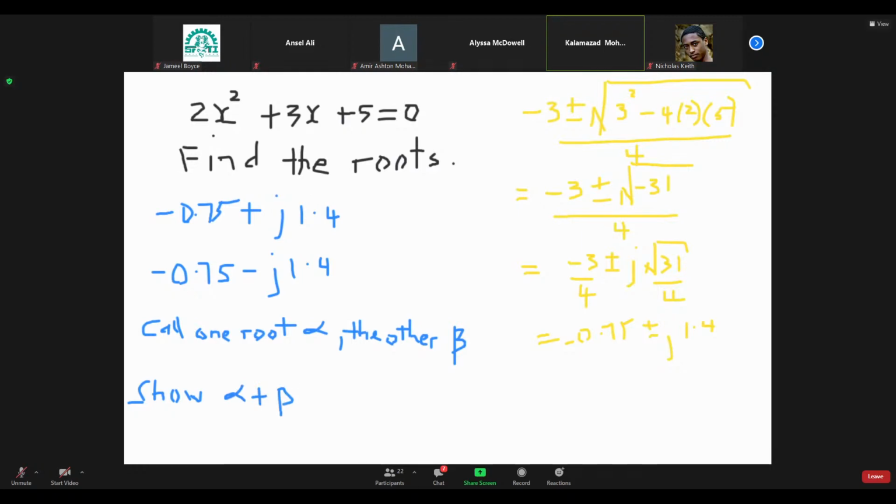What is 2.2? No, the square root of 31 divided by 4 is 1.4, isn't it? On my calculator, the square root of 31 is 5 point whatever. Divided by 4 is 1.4.